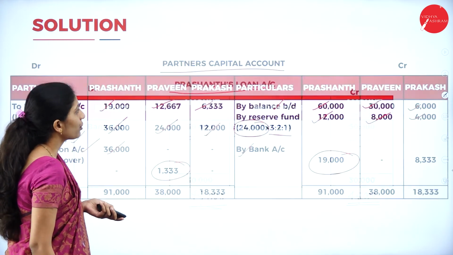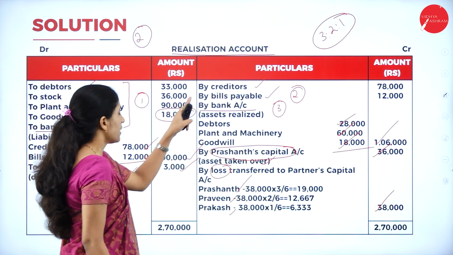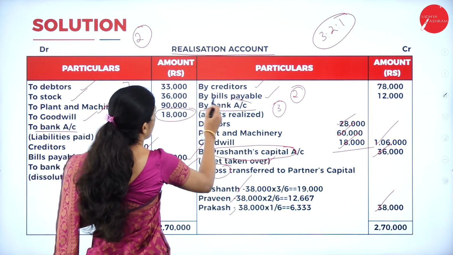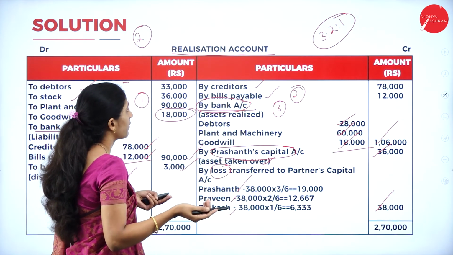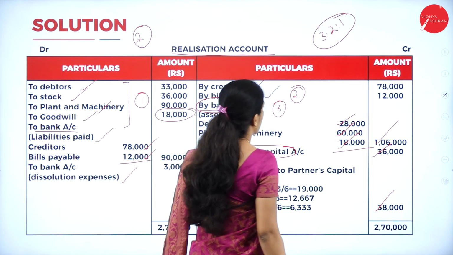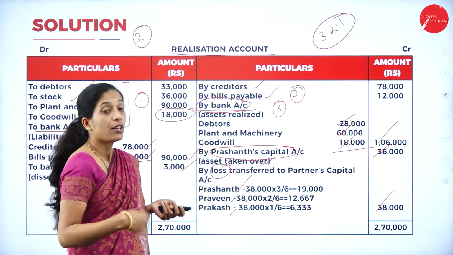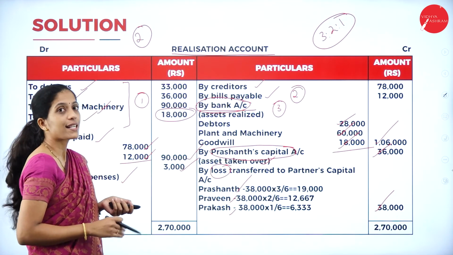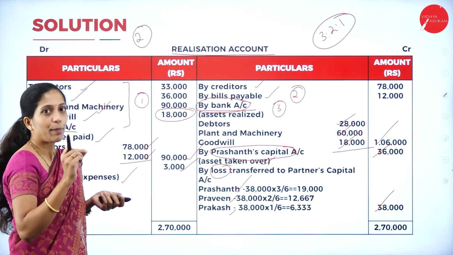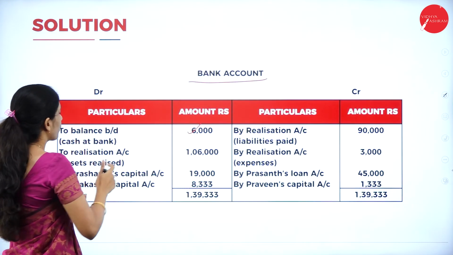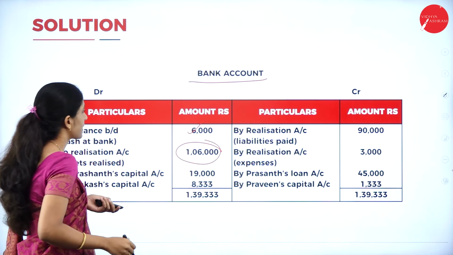Now, go through the realization account first. See any amount which has been transferred to bank account. Yes, here there is the amount. So, how do you record the reverse entry? The total amount of 1,06,000 has been transferred to bank account. So, to realization account for assets realized, 1,06,000.